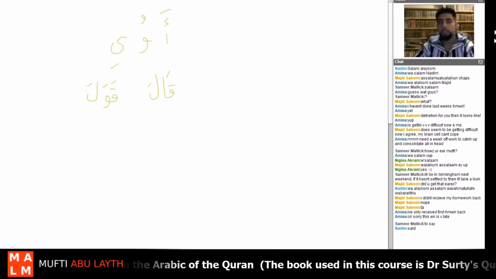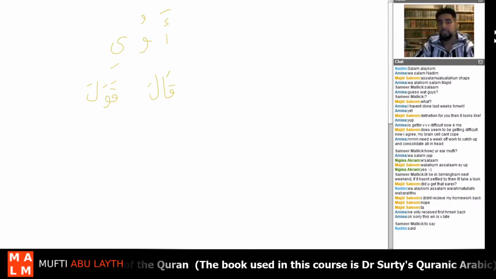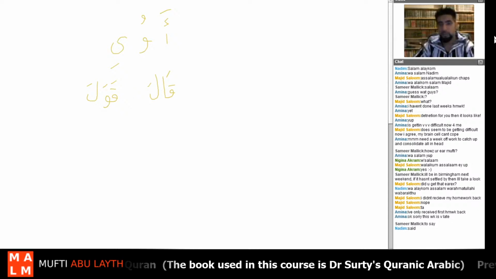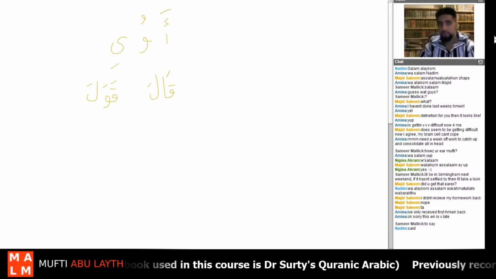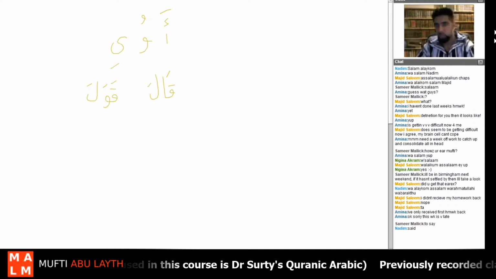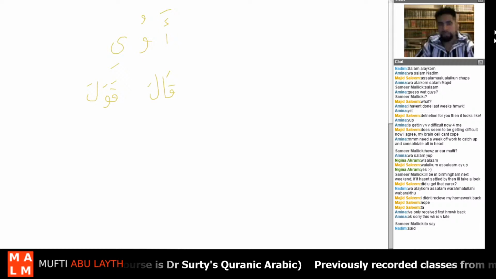In Arabic, it's fatha, dhamma, the u sound, and the e, the kasra. These letters, the alif resembles the fatha because of its sound, a, the waw, the dhamma, the u, and the ya resembles the kasra.